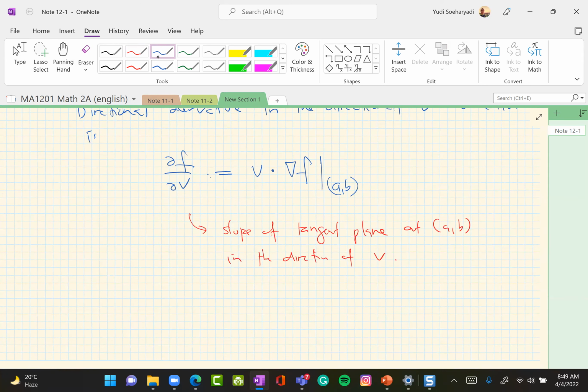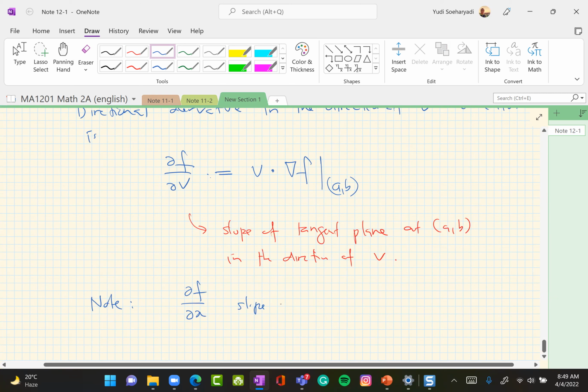Okay. So what we have is that, note, this is the slope of the tangent. This is the x direction.